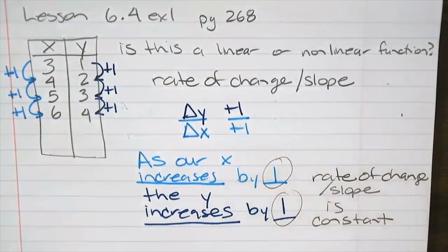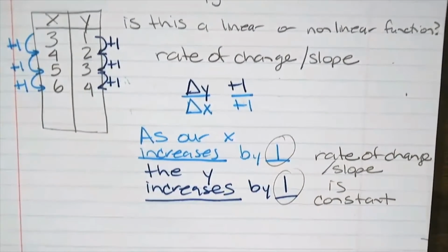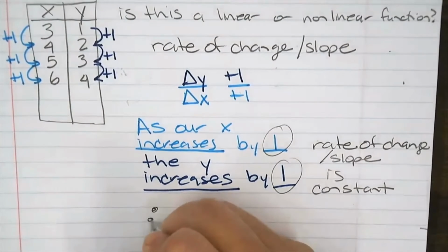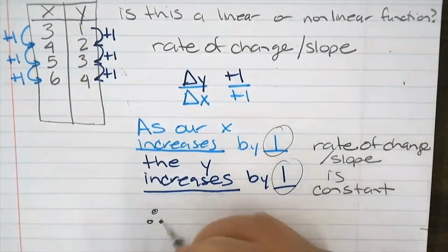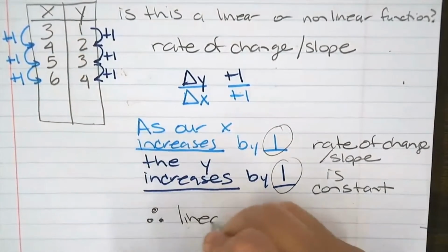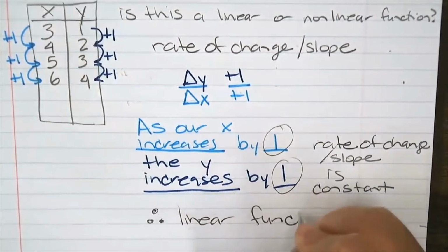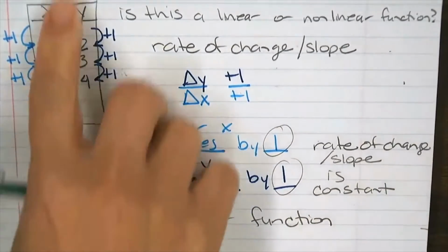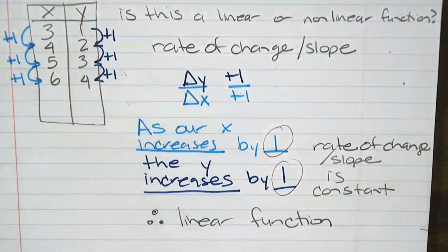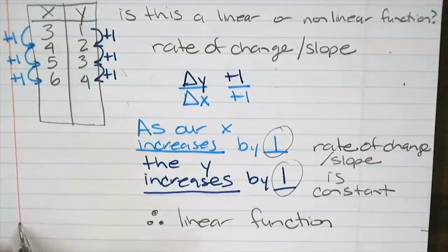It's not changing. It's all plus 1. Therefore, this is a linear function. That means if you graph these ordered pairs, it's going to be a straight line.